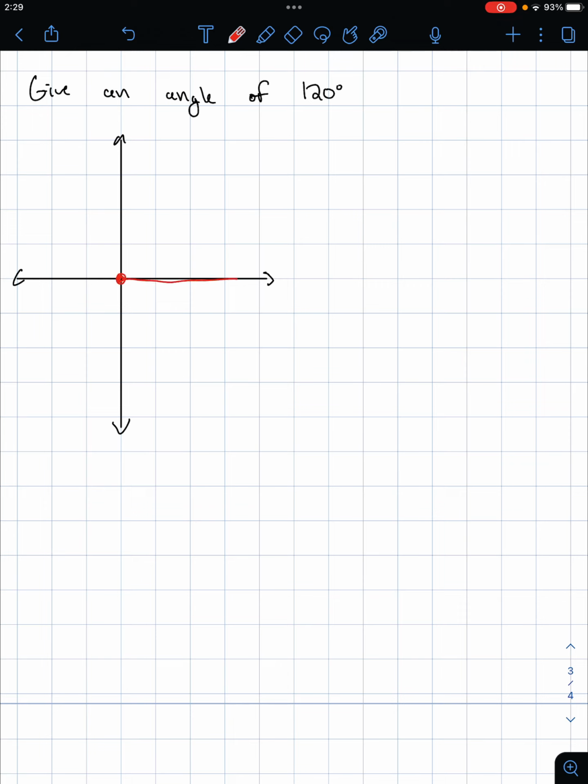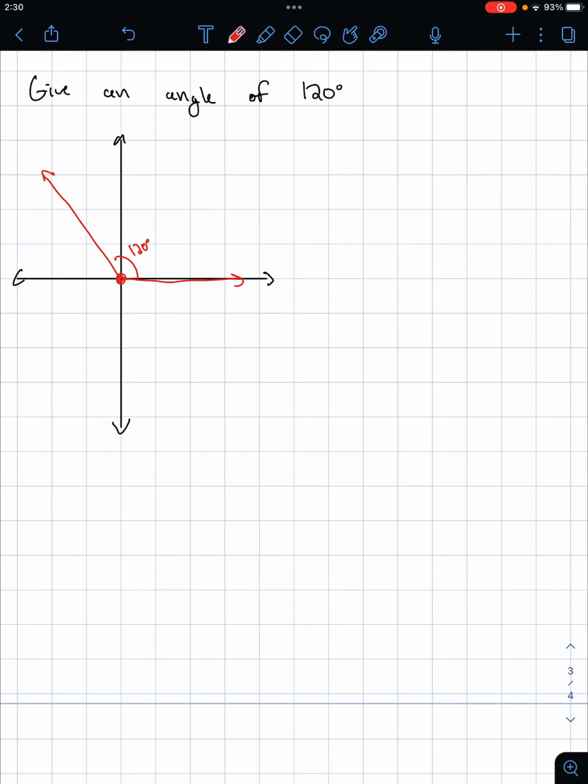I'll draw my initial side. Then I'm going to estimate: 120 is probably two-thirds of our way here, right? Half a turn would be 180, and a full turn would make 360. So 120 is probably somewhere around there. So there's 120 degrees counterclockwise.